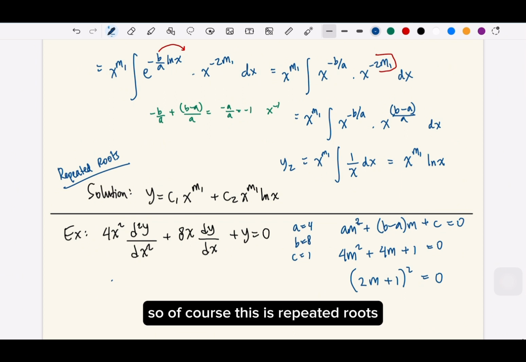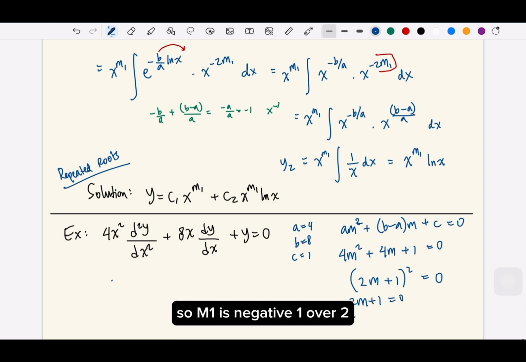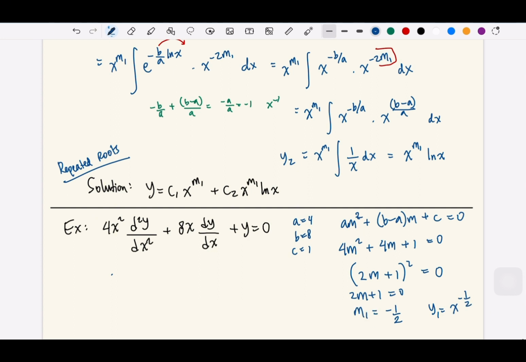Of course, this is repeated roots. We have m1 equal to m2. So m1 is negative 1 over 2, which means that y1 is x to the power of negative 1 over 2.